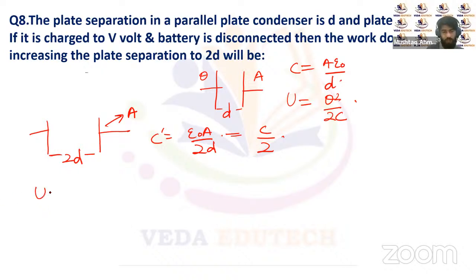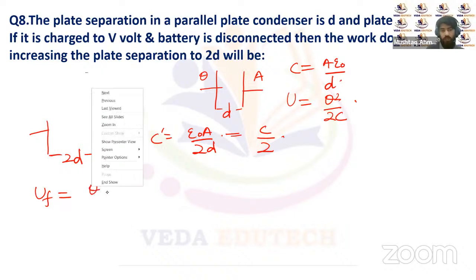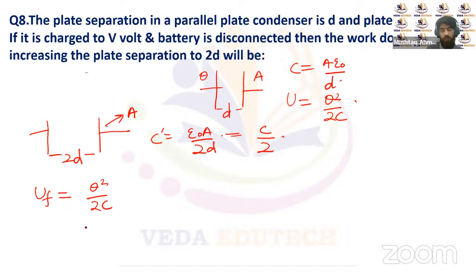Now the final energy stored in this capacitor will once again be Q square upon 2C. You can see that the work done will be the total final energy stored in the capacitor minus the initial energy stored in the capacitor.